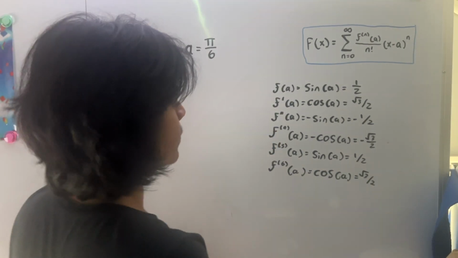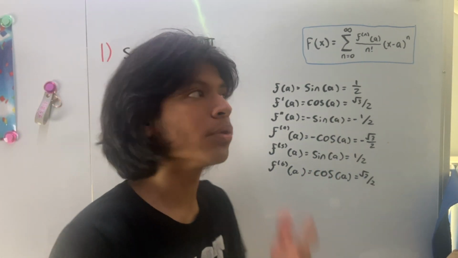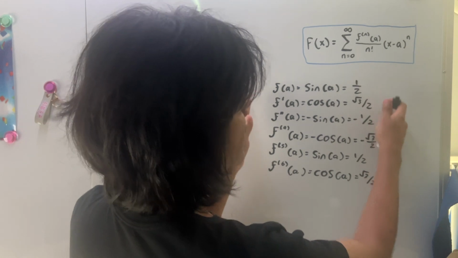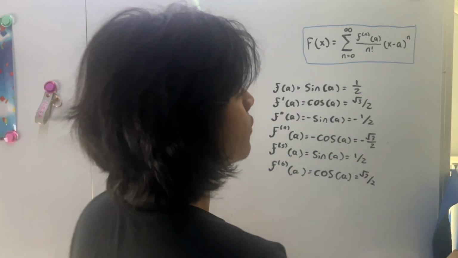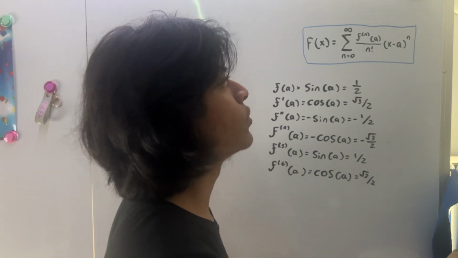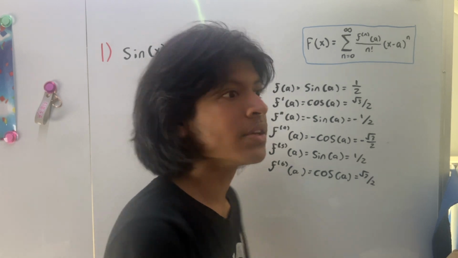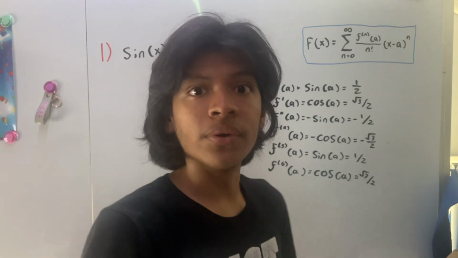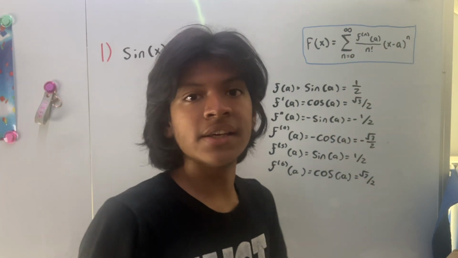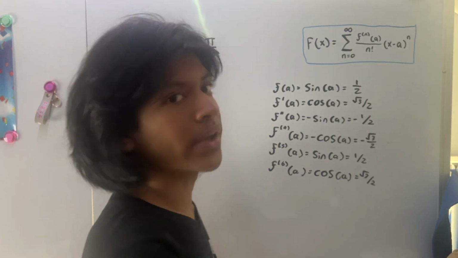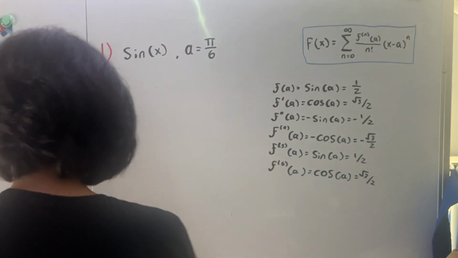So the reason why I'm writing extra terms is because we're going to be taking a different approach. Because as you can see from here, because we're alternating between sine and cosine, we're not able to find a simple expression for the nth derivative of our function. So what we're instead going to be doing is writing out the first few terms of our series and see how we could write a series expansion just from writing the first few terms.